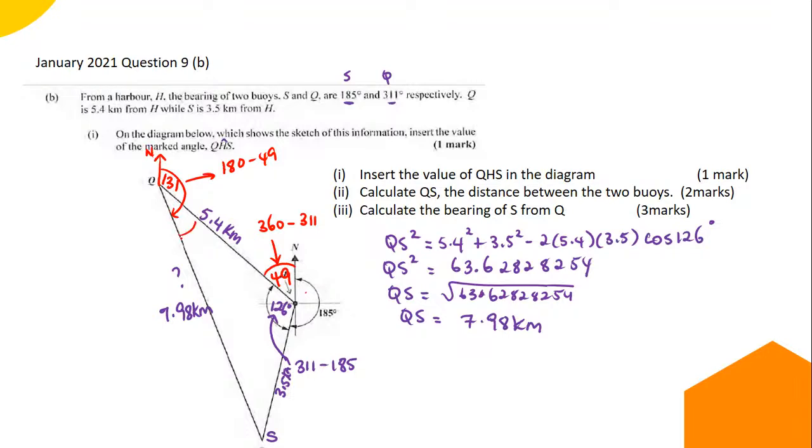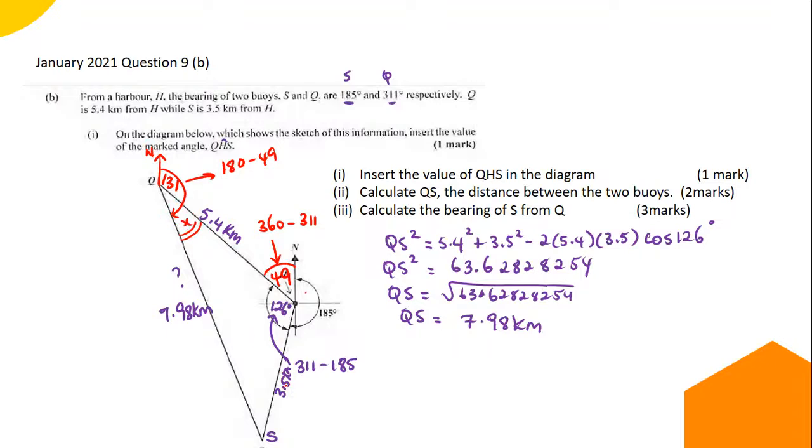Now, what do we do to find the missing angle in a triangle that's not a right angle triangle? We use the sine rule. We know this length, so the length is 3.5 divided by sine of the angle that's opposite. Let's call this missing angle x.